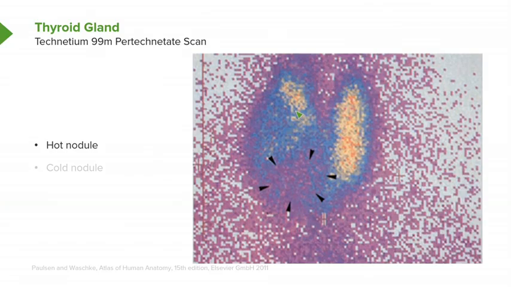This is due to the presence of functional thyroid nodules, and they're taking up the technetium 99m. So these areas light up when you have a hot nodule region. A cold nodule is not a functional nodule, so these types of nodules will not pick up the technetium. And this area here represents a cold nodule in this scan.